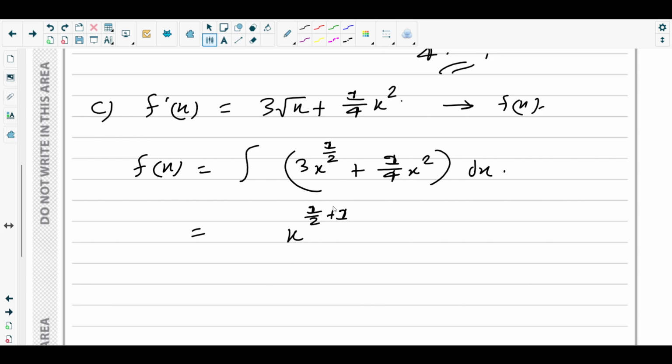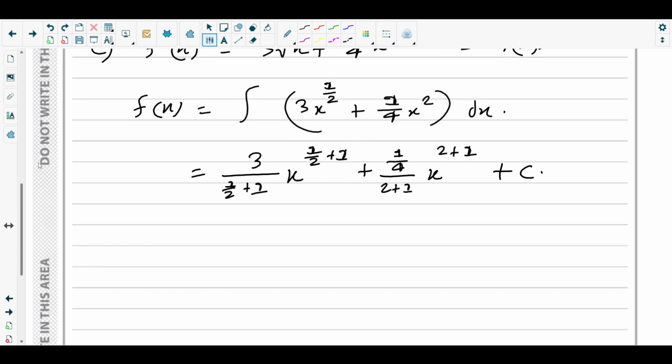In differentiation we multiply the coefficient by the index of x, but in integration we will divide the coefficient by the index of x. So this is half plus 1. Same goes for here: 2 plus 1, plus 1 over 4 divided by 2 plus 1, and never forget to add the arbitrary constant.